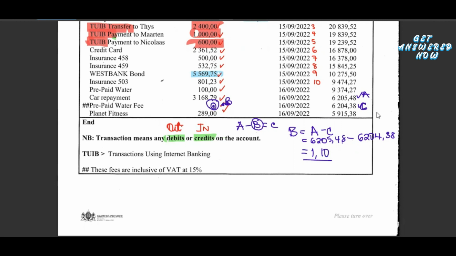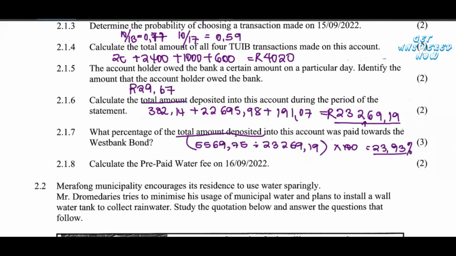So the value of our B is 1 rand 10 cents. So here we shall say balance 1, the balance before subtraction of water, minus the current balance after subtraction, which gives us the money as 1 rand 10 cents.